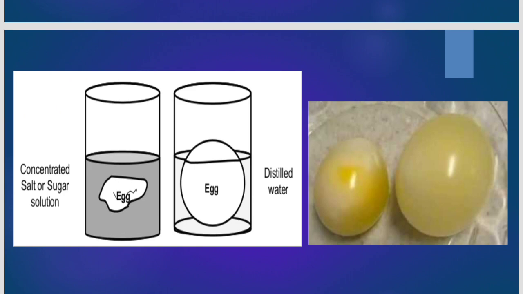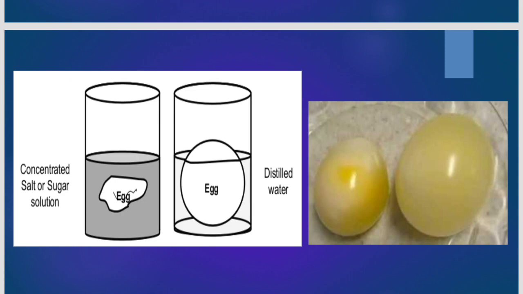We take an egg and keep it in a beaker containing dilute HCl to de-shell it, so that the outer shell made up of calcium carbonate dissolves and the inner part of the egg is left over. If you put that egg in a concentrated solution of salt or sugar, it shrinks. Why? Because of exosmosis.